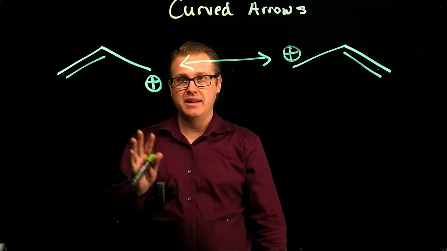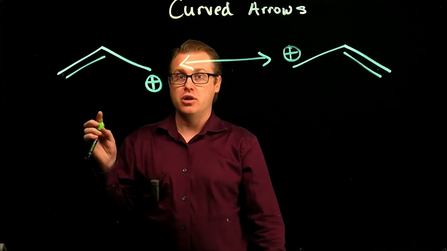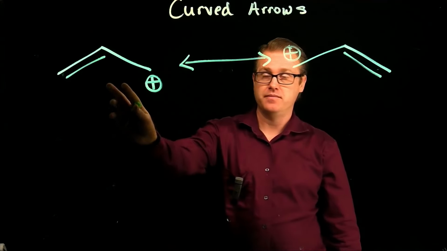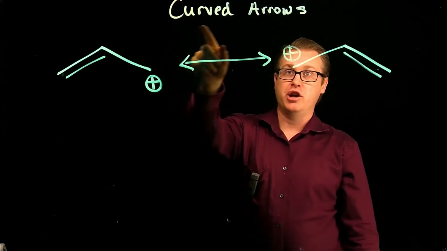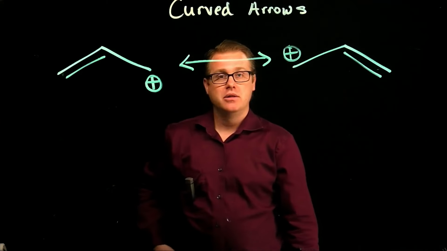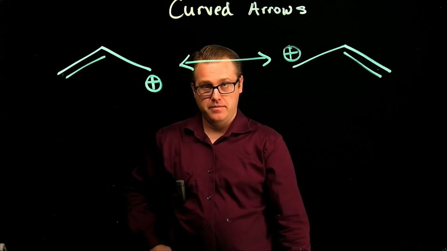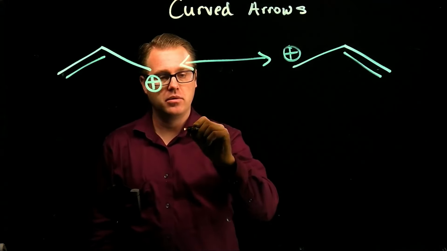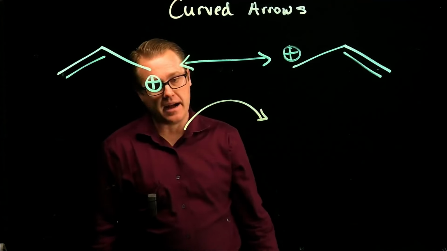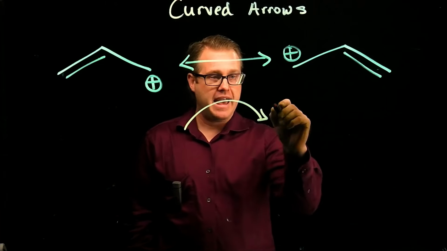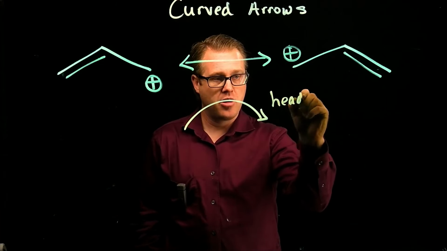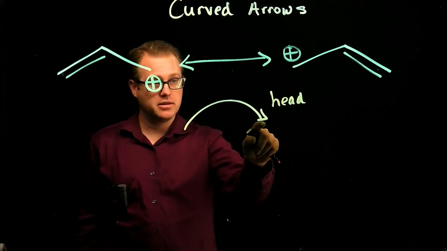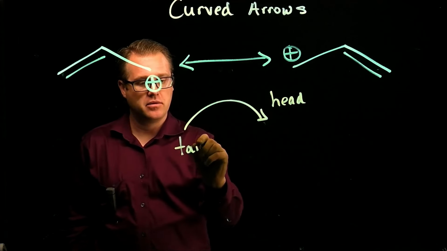It just shows you where the electrons go. So in resonance structures, when you are using curved arrows, atoms do not move. And a curved arrow looks like that. You have the head of the arrow, where there's the point, and then you have the tail.